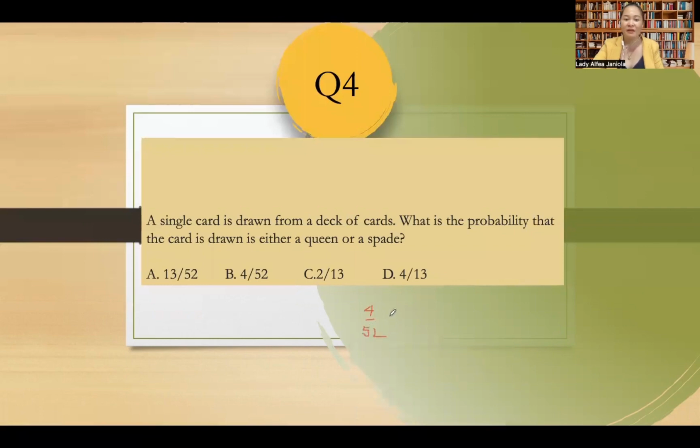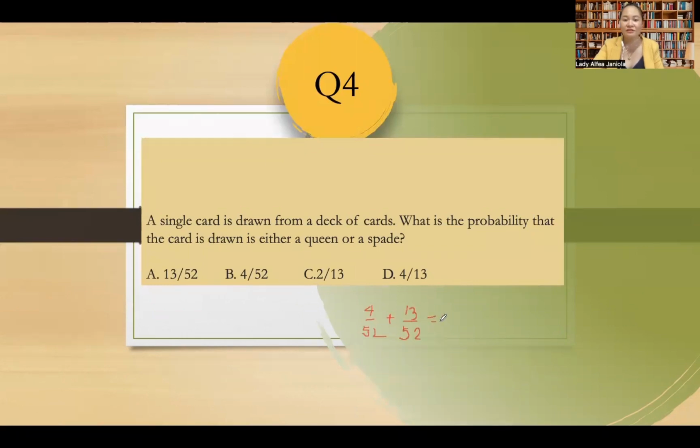And then, or a spade. So we have or, so you are going to add this one. Or, and then spade, there are 13 over 52. That is spade or palo.